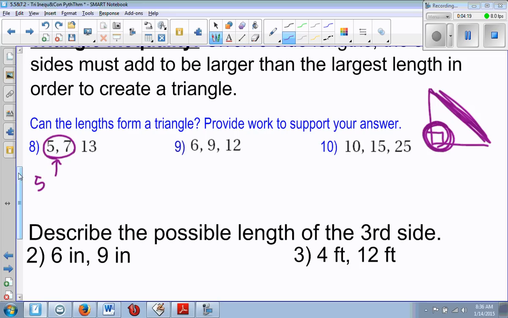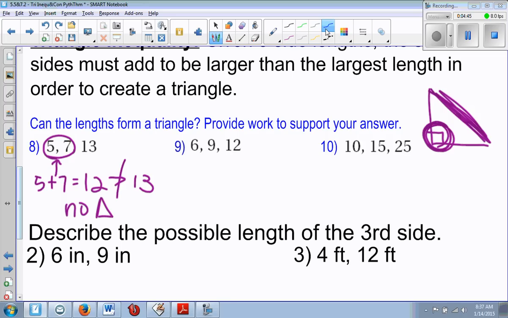If I add 5 and 7 together, I get 12. 12 is not larger than 13, so that means there's no triangle that I can make. If I took pieces of string or toothpicks or rulers and made them 5 inches, 7 inches, and 13 inches, I wouldn't be able to connect them to make a closed triangle.